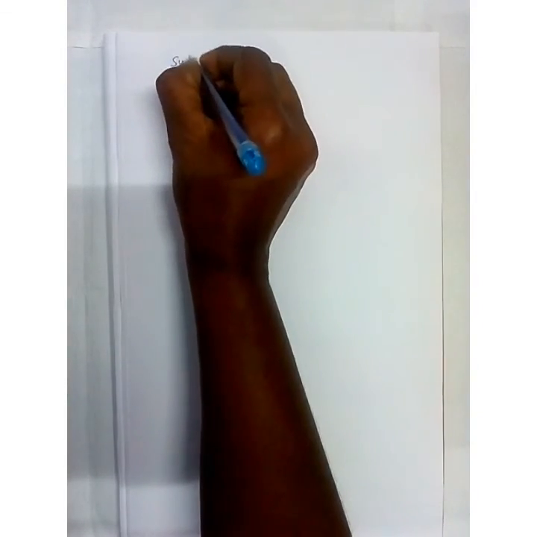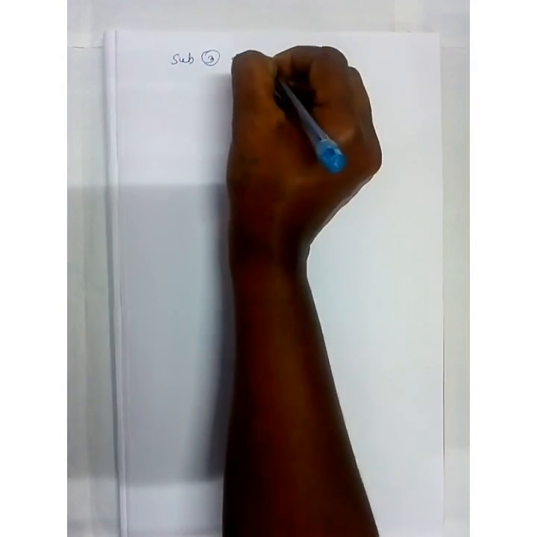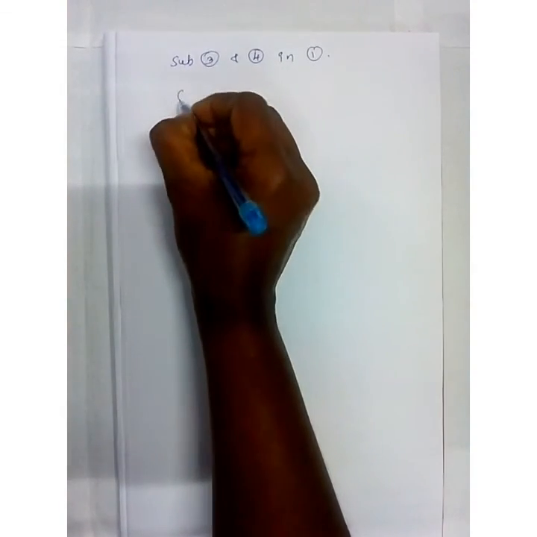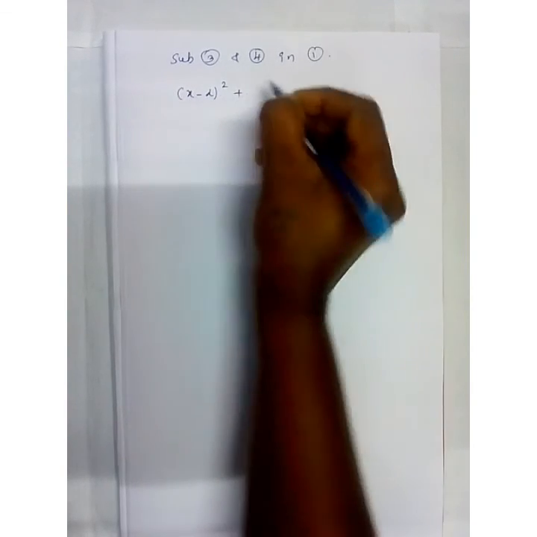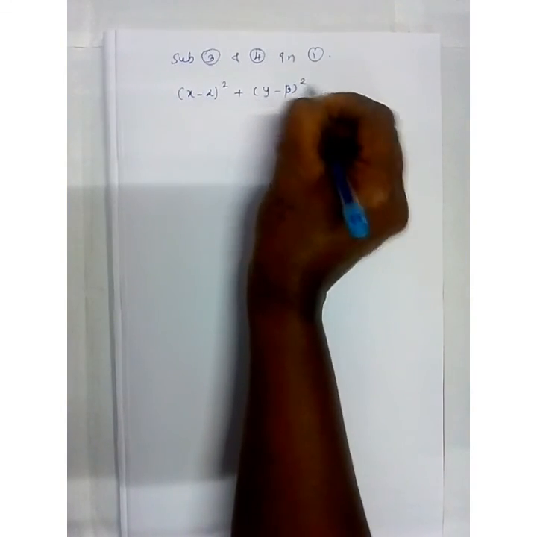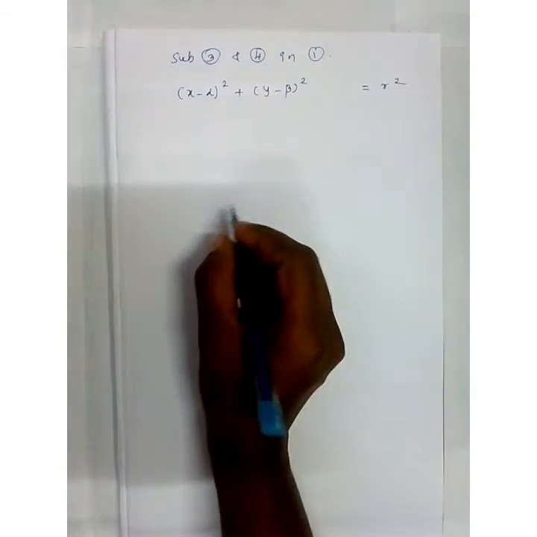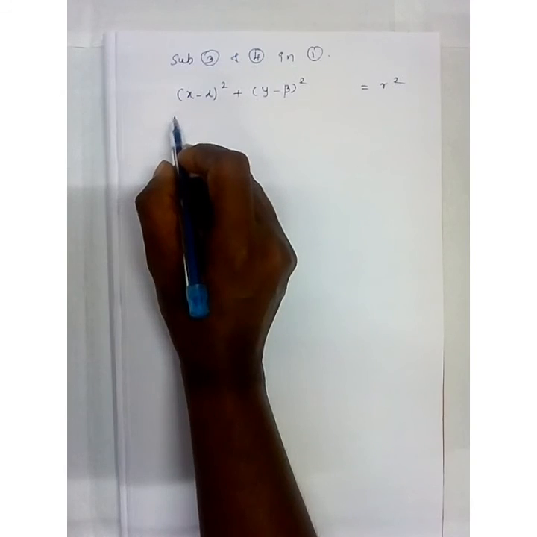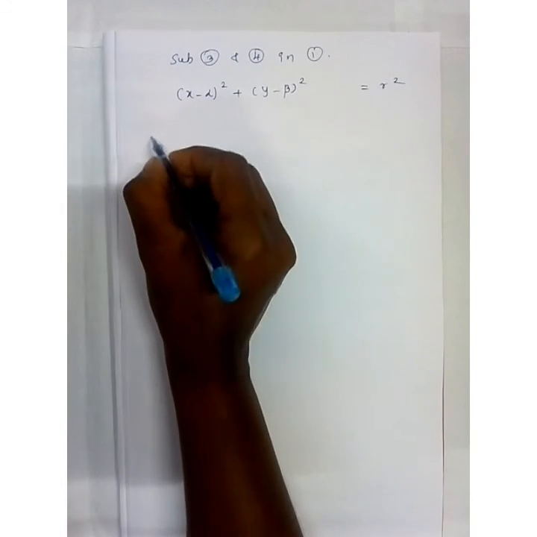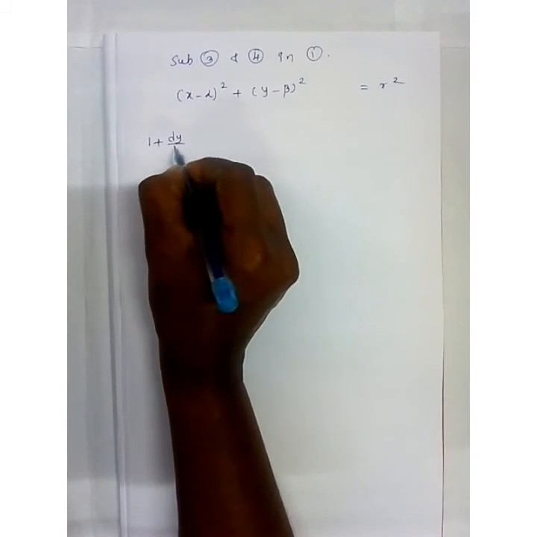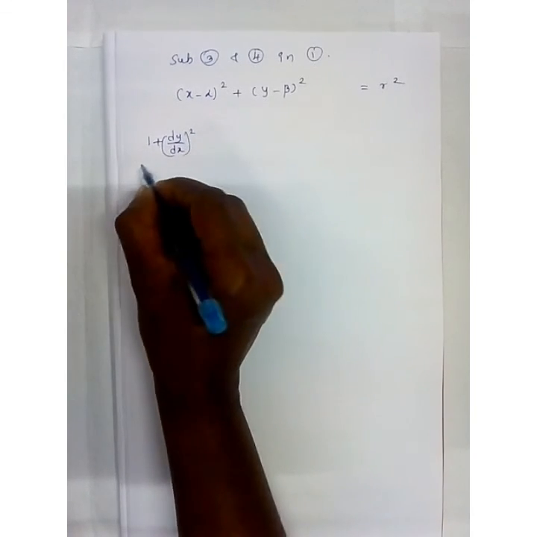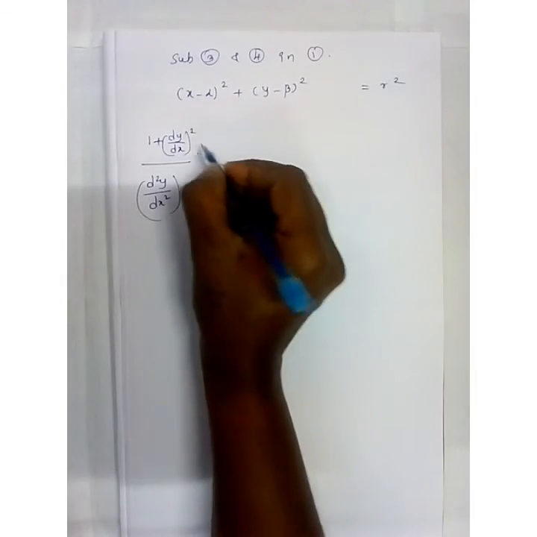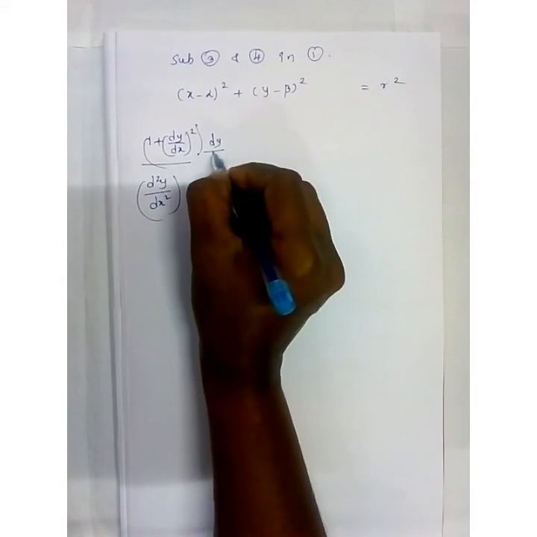Now substitute 3 and 4 in equation 1. What is our equation 1? It is (x minus alpha) whole square plus (y minus beta) whole square, which is equal to r squared. X minus alpha, just now we found the value for x minus alpha. It is nothing but 1 plus (dy by dx) whole square divided by d²y by dx² into dy by dx.